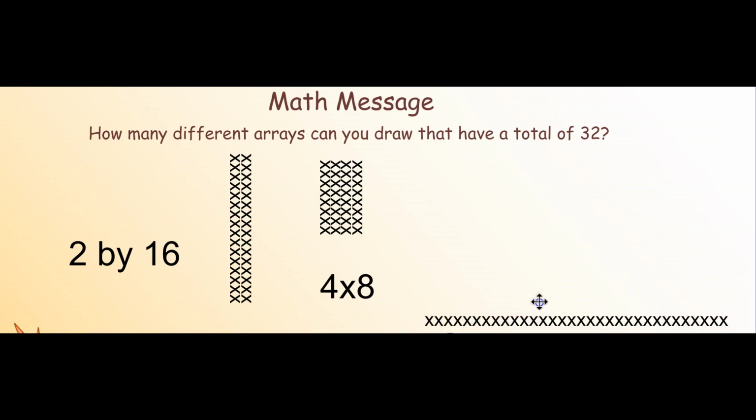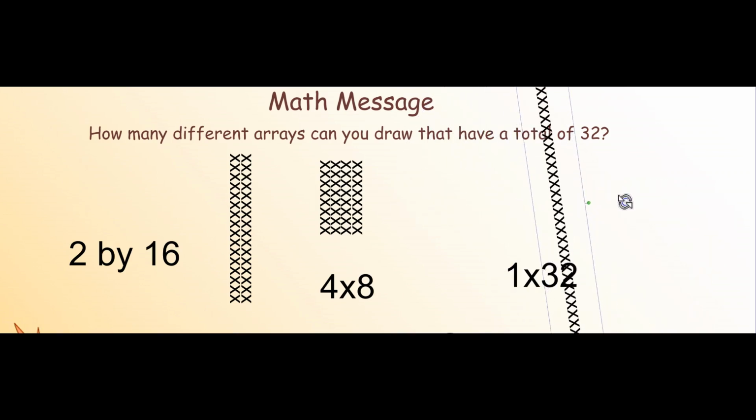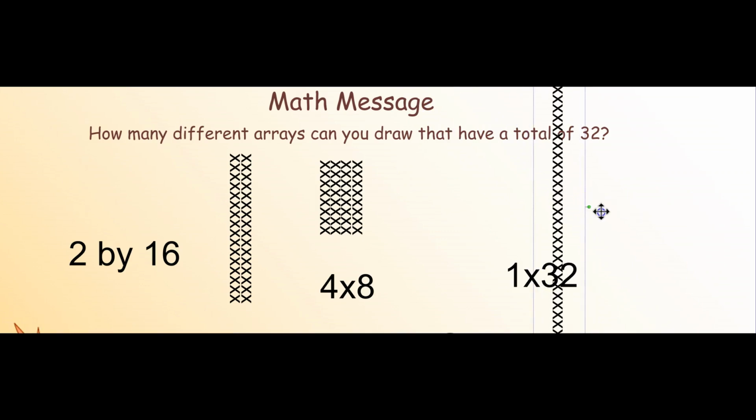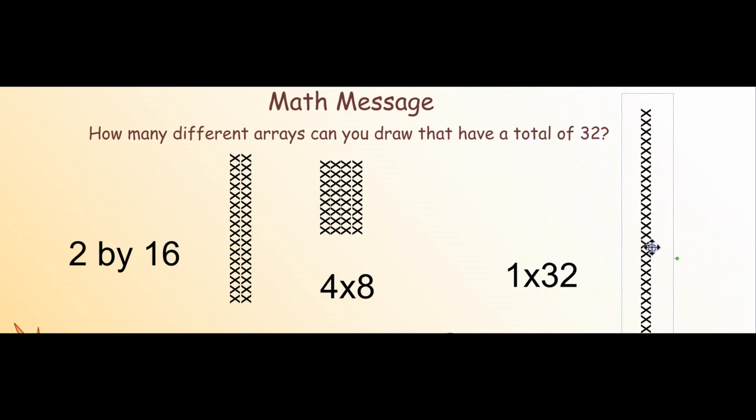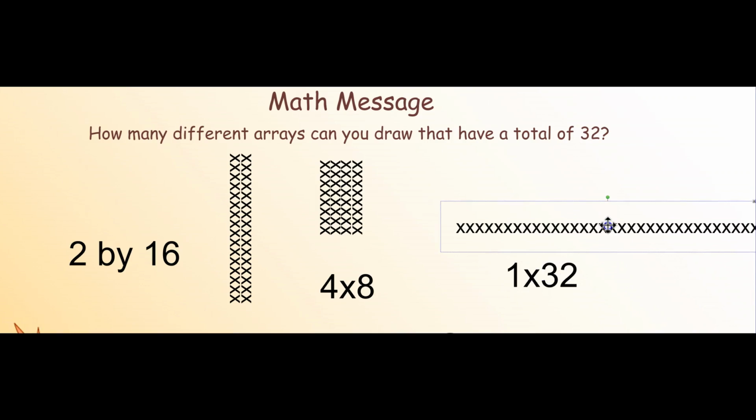Yes, there is. 1 row of 32. This is 1 by 32. And of course, if we turn it on its side, then we have 32 rows of 1. 32 rows of 1, or 1 row of 32.